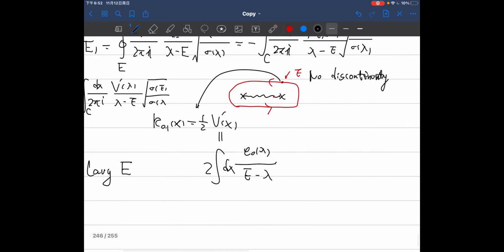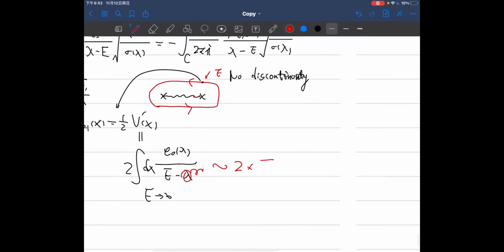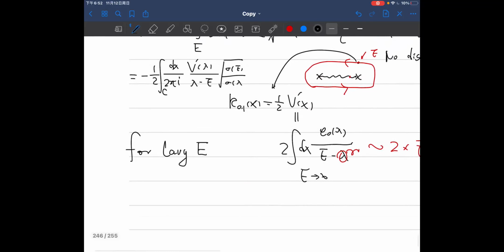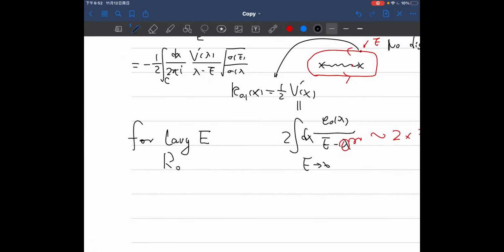For r going to infinity, for large E, we can just drop lambda, so it will equal to 2 times E, 1 over E. So we know that for large E, R0,1 of E has an asymptotic behavior, that is 1 over E.